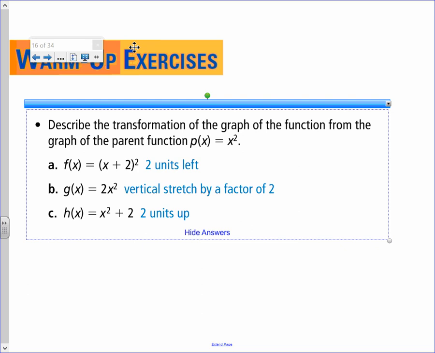You've noticed that in all 3 examples, the number 2 is involved. Okay? They're just doing that so you can see the differences in transformations. So if 4 was there, it would still be 4. You can replace these with any number, it'd still be the same answers. Instead of vertical stretch by a factor of 2, it'd be a vertical stretch by a factor of 4. It'd be skinnier because you're stretching it even more. The bigger the number, the skinnier that parabola is going to look.